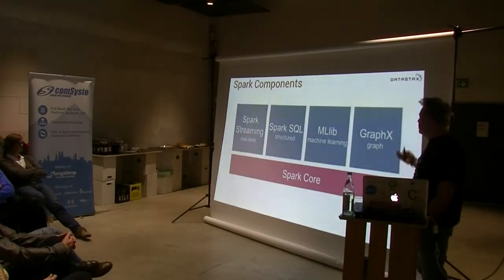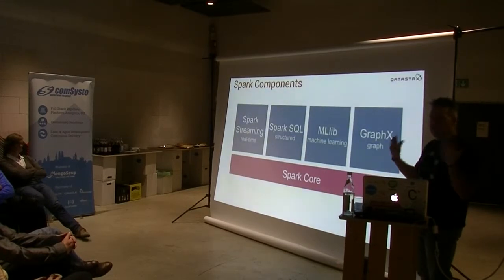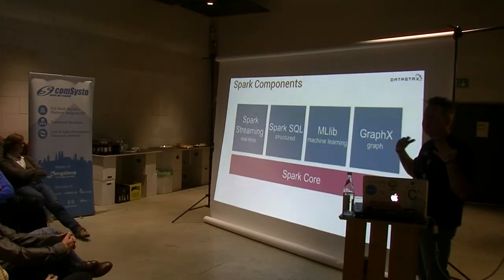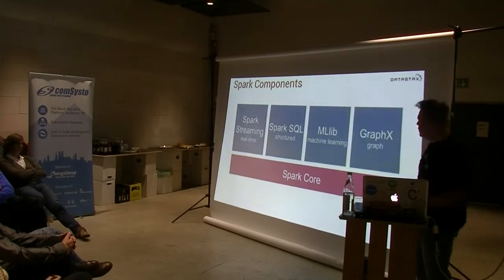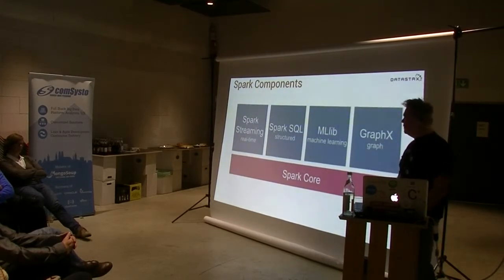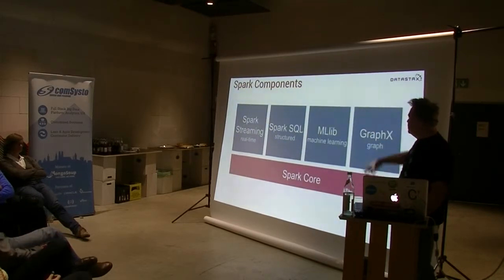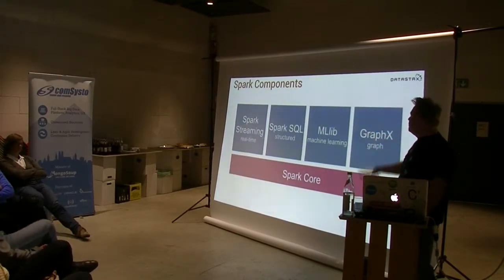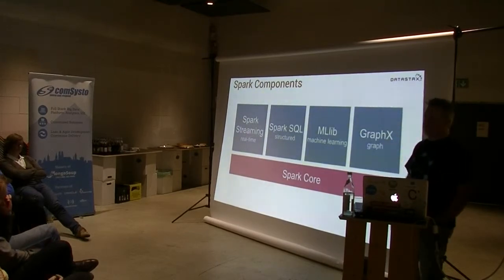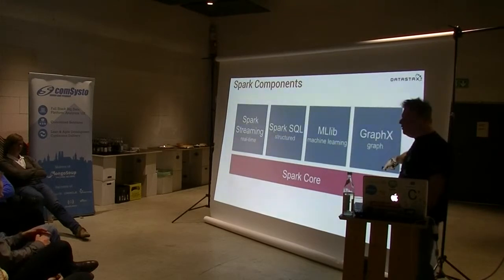So what are the components? You have your Spark core, which is really the elements that you need to do this kind of massive parallel computing. And then the libraries that sit on top of it. I'm going to talk about Spark Streaming today, a little bit about MLlib, the machine learning, and a little bit about Spark SQL, but GraphX, there's a graph component as well. All of these sit on top of the core for Spark.